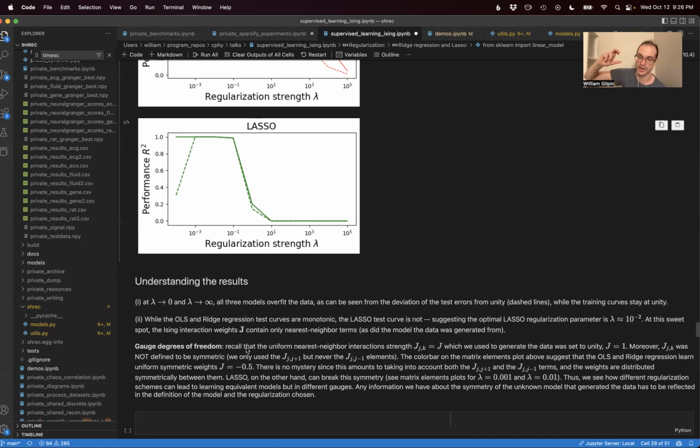Here, that means the different elements of J, such that your model has enough constraints that your error on the test starts to approach your error on the train. So you can think of the gap between your training error and your testing error as an ad hoc way of estimating how much you're overfitting.